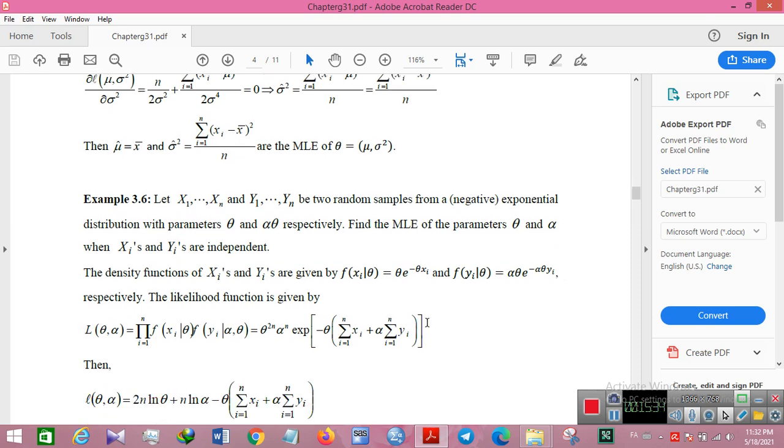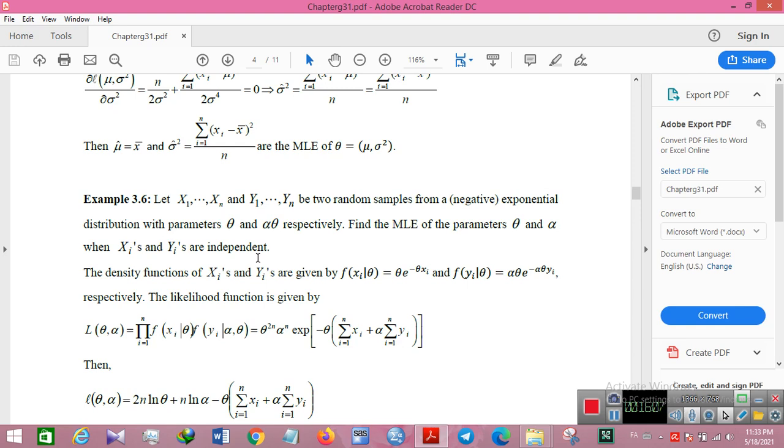There is another example. Let x1 to xn and y1 to yn be two random samples from exponential distributions with parameters theta and alpha theta respectively. We look for the MLE of theta and alpha when xi and yi are independent.